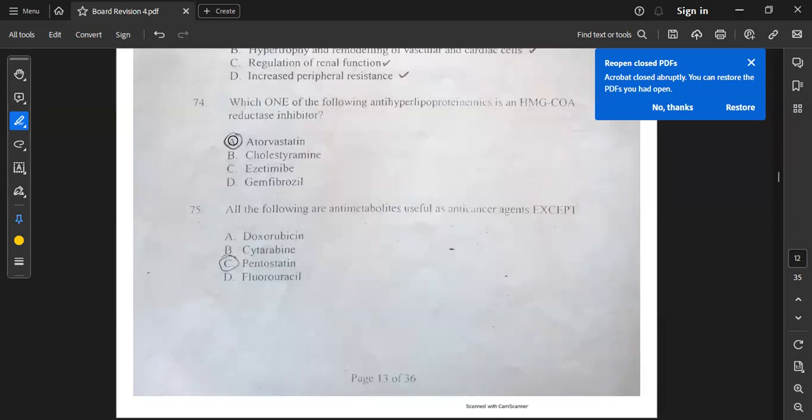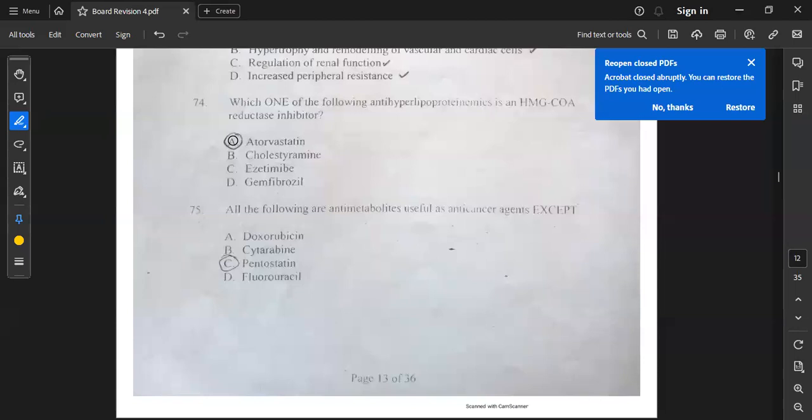Then what's the classification of cholestyramine? What's the classification of ezetimibe? Wait, there was a day we discussed this in detail, the anti-lipidemic agents. Yeah, but we won't spend much time there. Moving on to the next question, number 75.